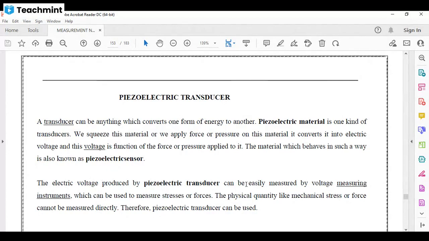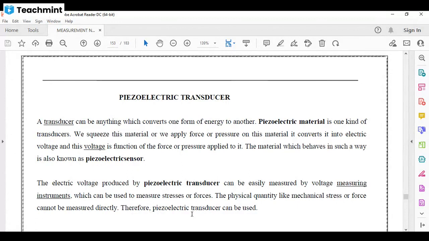The electric voltage produced by the piezoelectric transducer can be easily measured by a voltage measuring instrument, and this can be used to measure stress or force. Generally there is no such technique to measure physical quantities like mechanical stress or force directly.